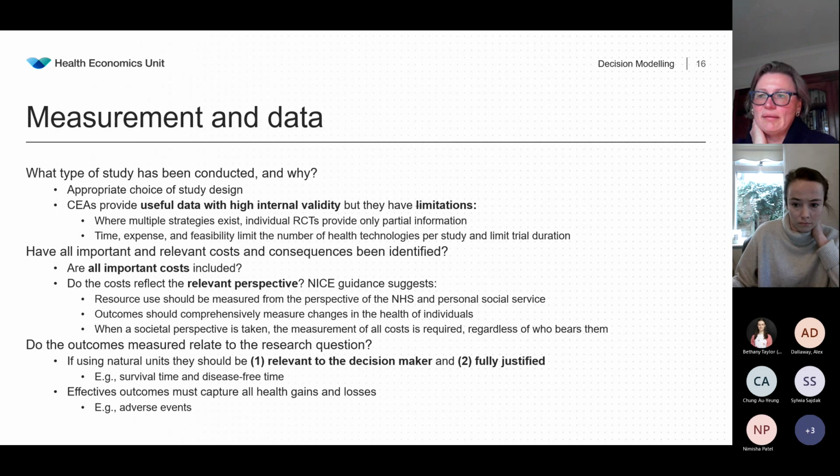There could be some input by informal carers, who may be looking after you with severe back pain. So that is more of a societal perspective, a broader perspective. Again, thinking about how outcomes relate to the research question and whether they are relevant and also fully justified.